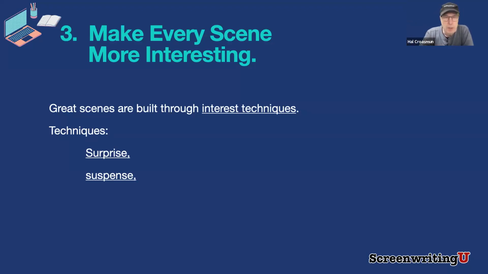Surprise. You create a surprise, the audience is more interested. You create suspense. If we are worried that something bad is going to happen to this character, we're in suspense. If you create that, we're going to be engaged. You build in a twist that sends things in a different direction.